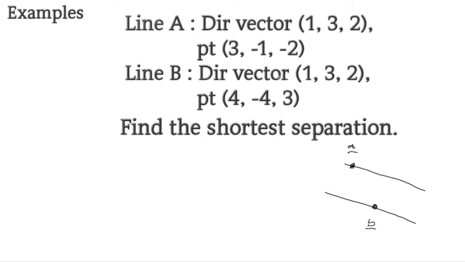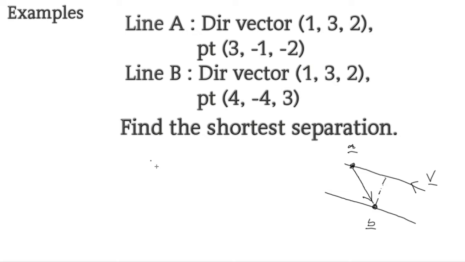Then we've got the two direction vectors v, and since we want to find the minimum separation, which is also the average separation for parallel lines, we can do the following. First, construct yourself a triangle.